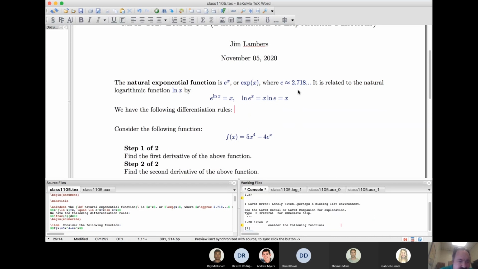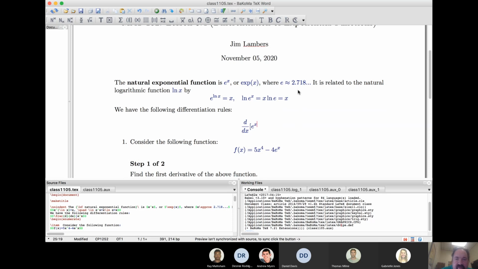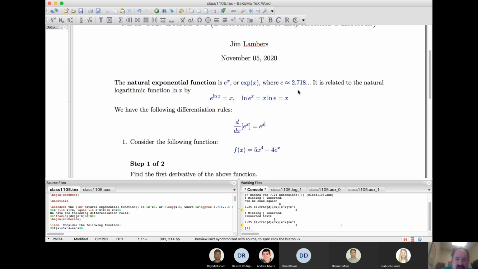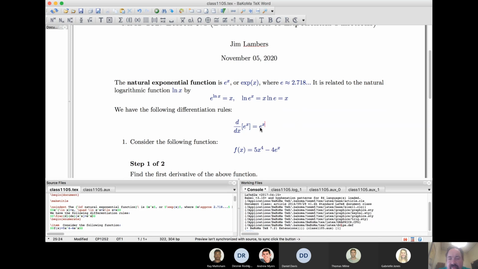What's interesting about e to the x is it's its own derivative. This function, times a constant, is the only function that is its own derivative, which makes it very useful for solving equations involving derivatives. In other words, differential equations.